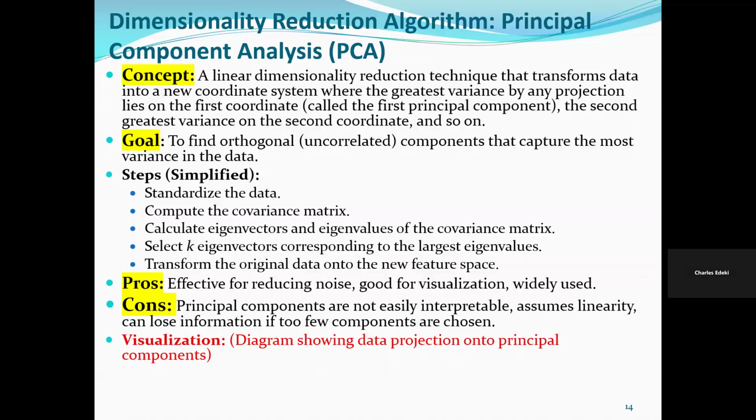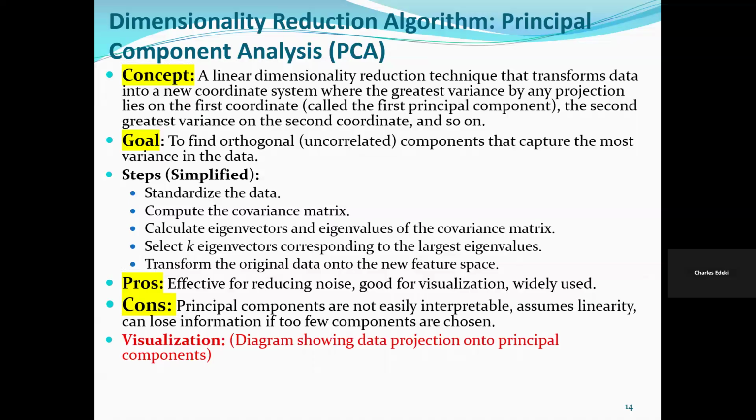So the algorithm steps: the first thing we need to do is to standardize the data. This means we have to make sure all the features have a mean of 0 and a standard deviation of 1. Again, this will prevent features with large scales from dominating the principal components. Then the second step is to compute the covariance matrix.